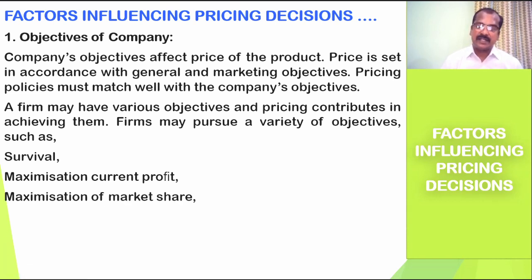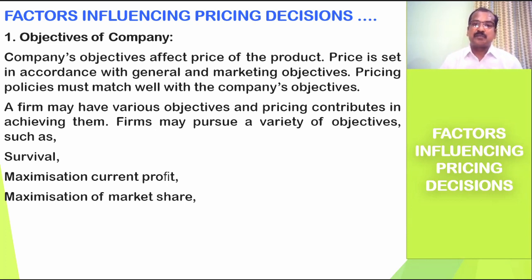Firms such as Texas Instruments, a good example that comes to my mind, choose this objective because they believe that higher sales volume will lead to lower unit costs and higher long-run profit. With this market penetration pricing, the firm sets the lowest price, assuming that the market is price sensitive.